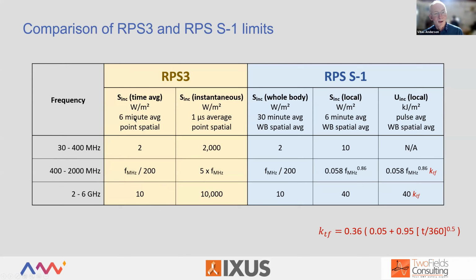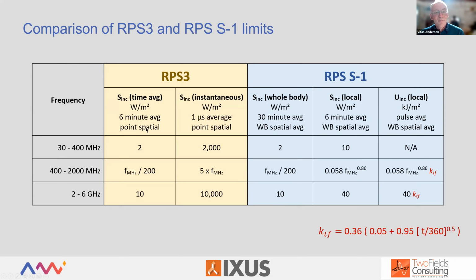One of the differences, though, is that the time averaging period for RPS 3 has increased from 6 minutes to 30 minutes in the RPS S-1. That's probably not such an important consideration, given that we often tend to use maximum power levels anyway in our assessments.